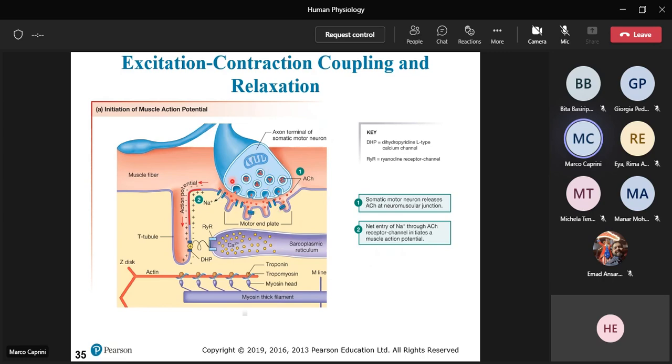So even if a lower amount of neurotransmitter is released, you always have an action potential, because there are a lot of receptors, and all of them can be occupied by the neurotransmitter and originate an action potential.